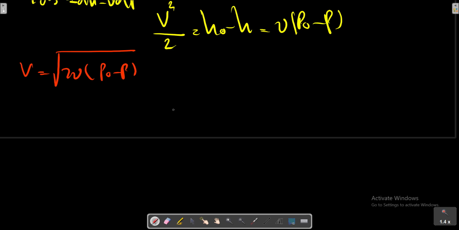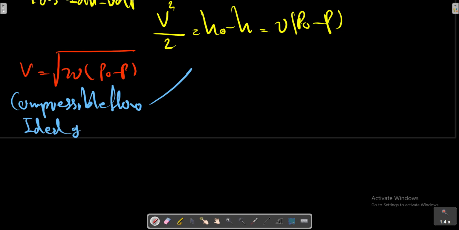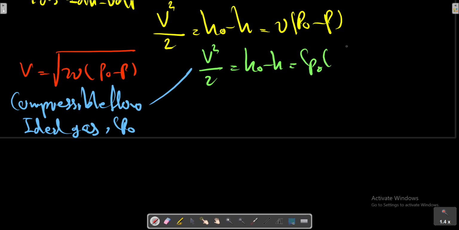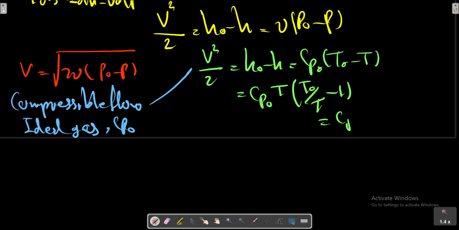If we consider the compressible flow of an ideal gas with a specific heat constant, the velocity can be found as this relation.